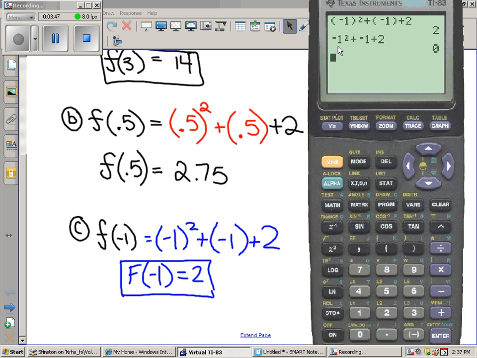PEMDAS? Exponents, multiplication, division, addition, subtraction. Because there's no parentheses on this one, it squares the 1 first and then multiplies it by a negative. It does things all out of whack. So using parentheses is extremely important and extremely valuable.